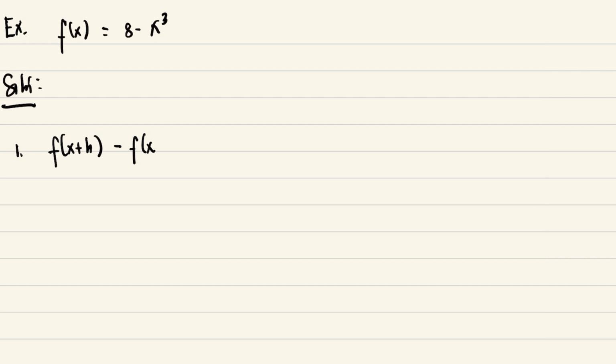Okay, so let's try another example. Let's say our f of x here is 8 minus x cubed. First step, we solve for f of x plus h minus f of x. So we have 8 minus x plus h cubed minus 8 minus x cubed.